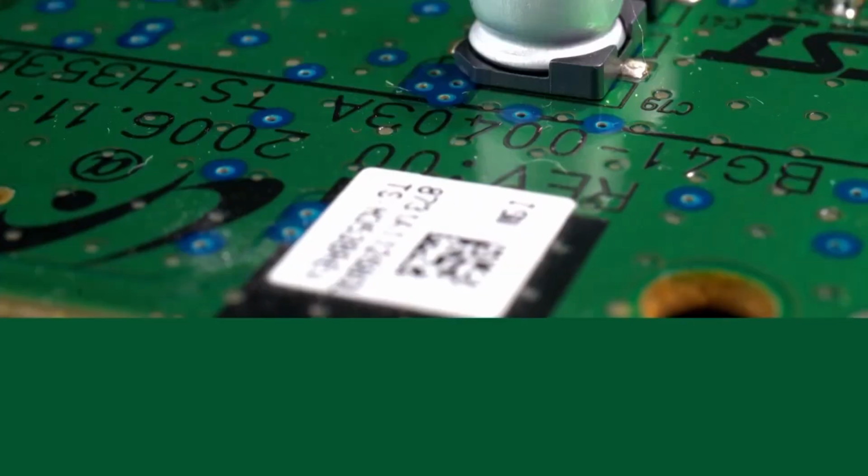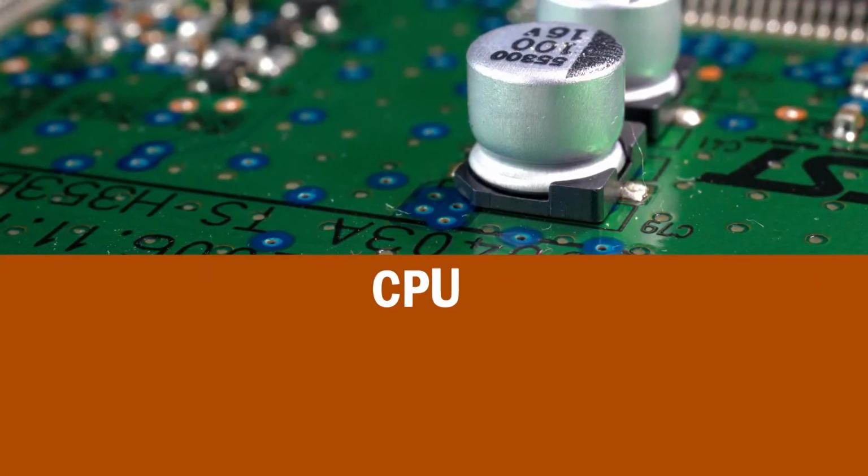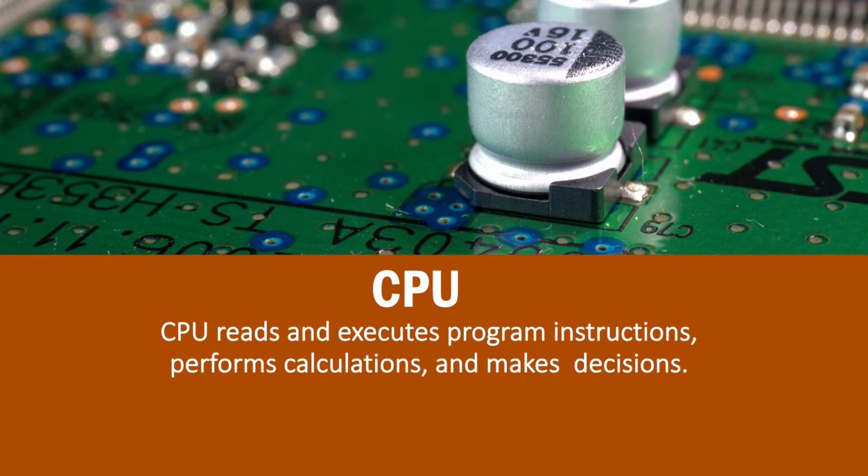So all these critical systems have very fast CPUs, and even the term supercomputer comes up: supercomputers have a very large number of CPUs, all with large capacity, and their processing speed is much higher. And if we talk about the very basic working of the CPU, we can say that the CPU reads the instructions, then executes them, performs calculations, and performs some kind of decision making or logical operations.